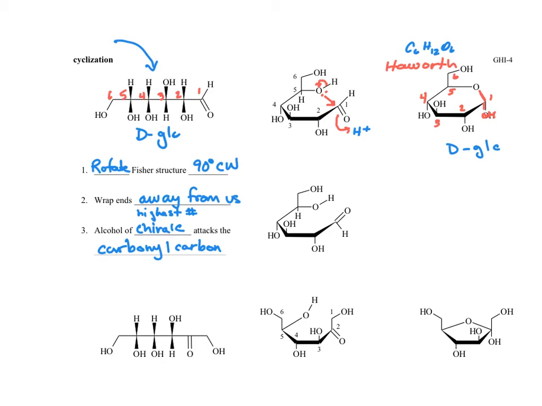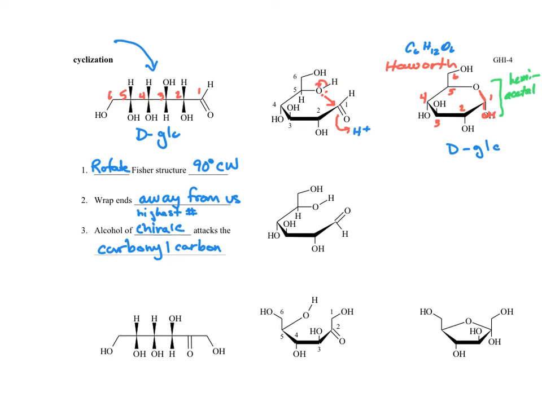That carbonyl has been converted into an alcohol, and we have a new bond between the oxygen and what was the carbonyl carbon. This part right here is called a hemiacetal. It's a hemiacetal linkage making this cyclic.